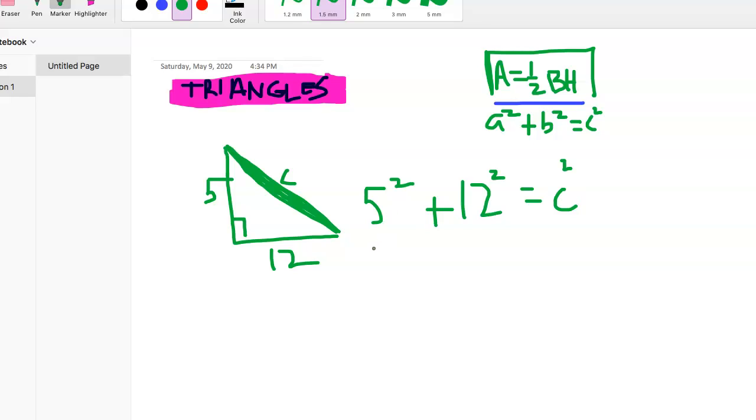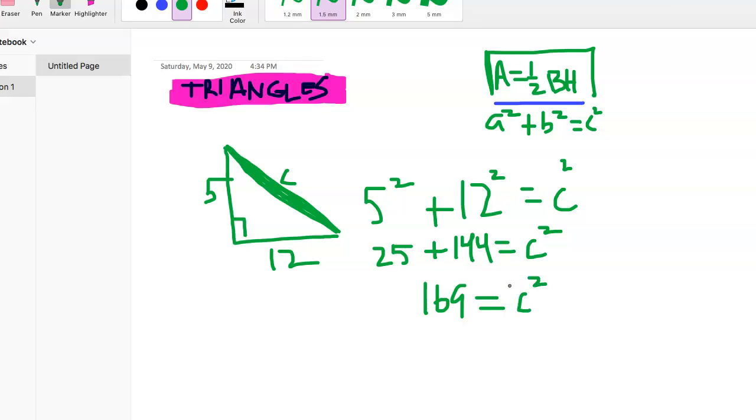Okay, and we just have to plug these numbers in. So we got 5 squared, so that's 5 times 5. That's 25 last time I checked. 12 times 12 is 144. Equals, still we don't know, right? c squared, hypotenuse. 144 plus 25 is 169 equals c squared.